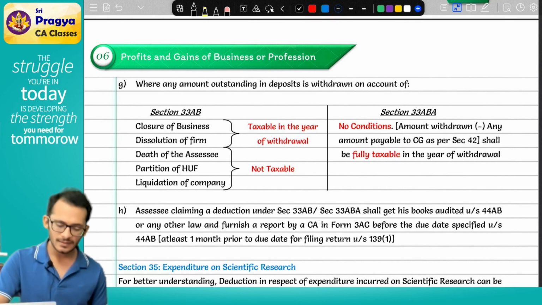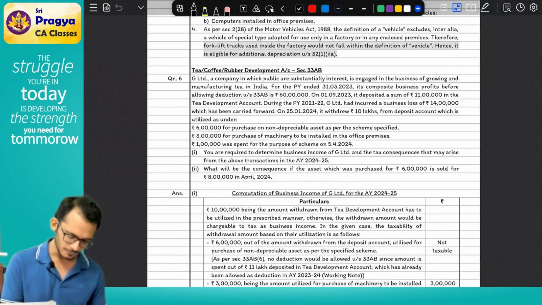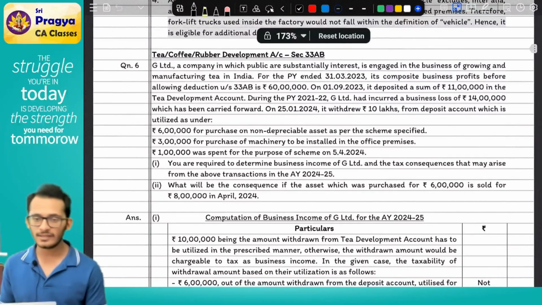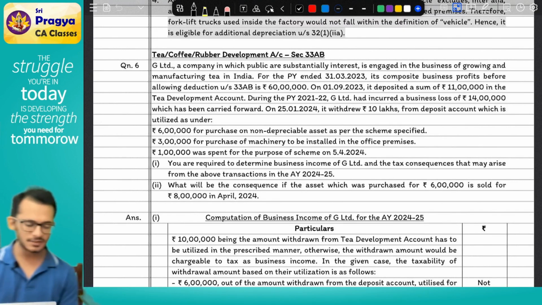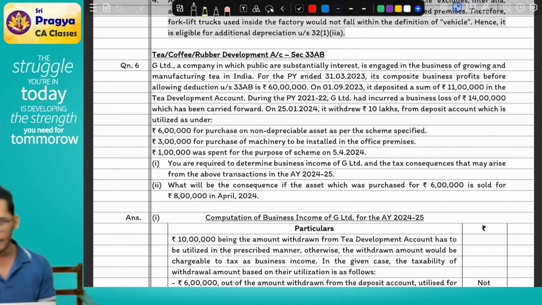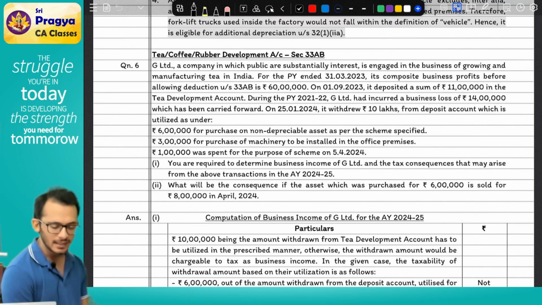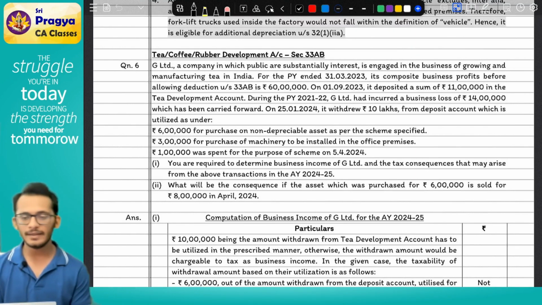Yes or no? Yes. Let's see one question quickly and then we can close for the day. Look at the question. It says G Limited is a company in which the public are substantially interested. Basically it means it's a public company. This company is engaged in the business of growing and manufacturing tea in India.